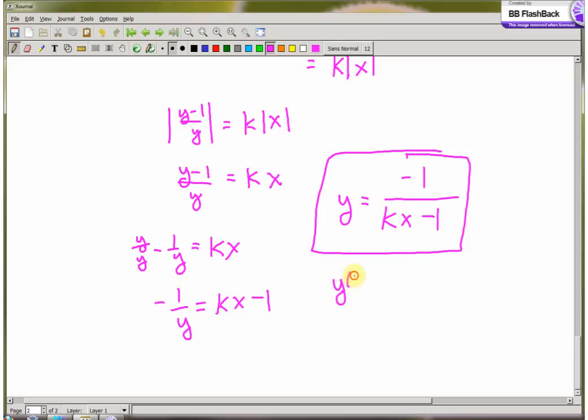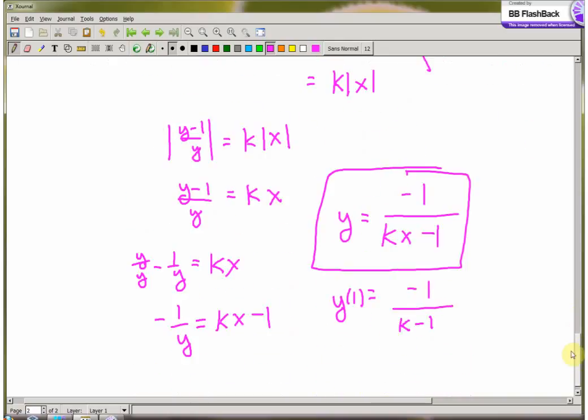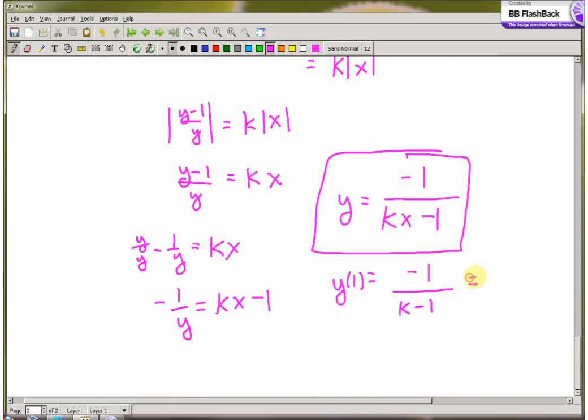So let's do that. So what is y of 1? What happens when you plug 1 for x in here? You get negative 1 over k minus 1. And what is this supposed to be again? This is supposed to be negative 1, right? Alright, so we'll just set it equal to negative 1 and then solve for k.